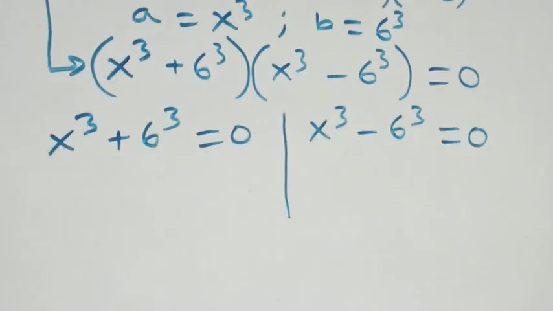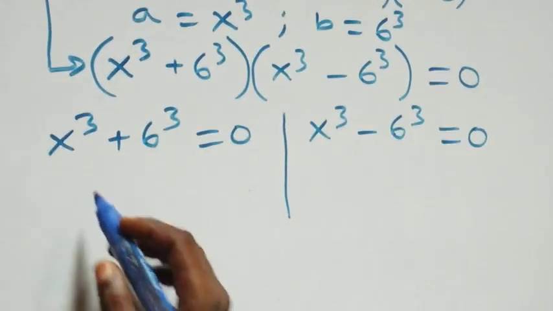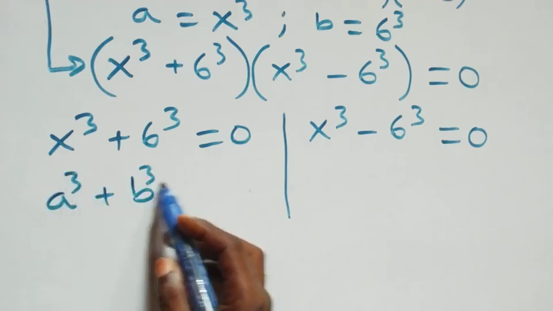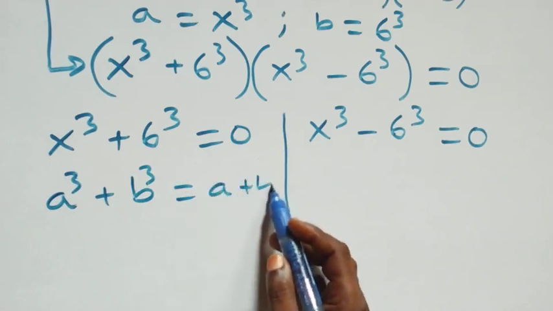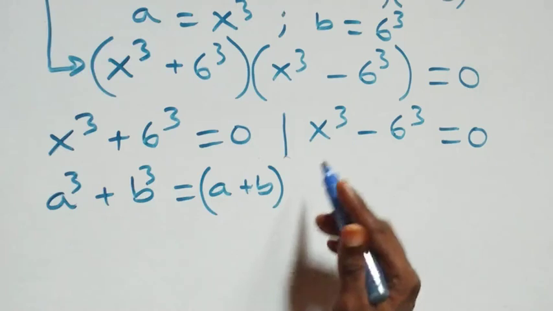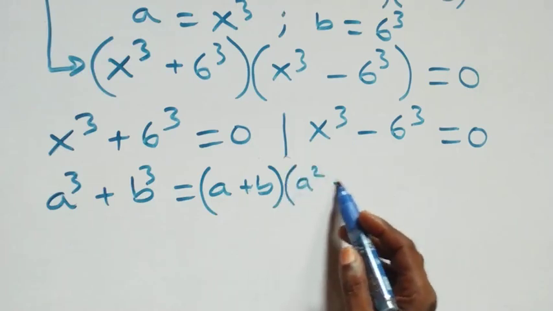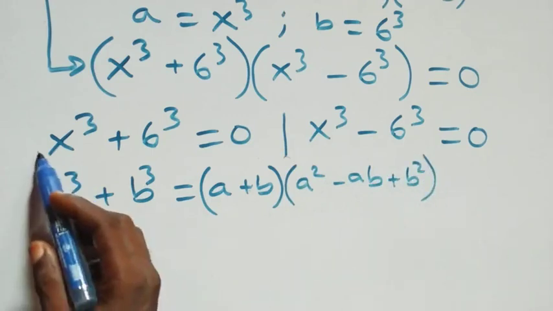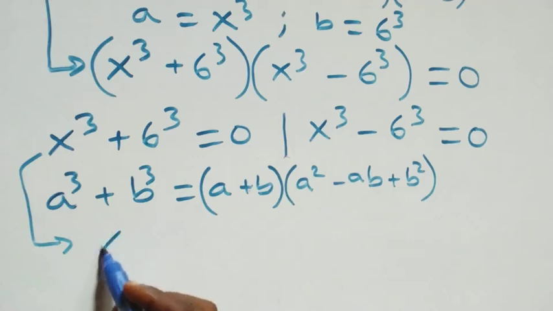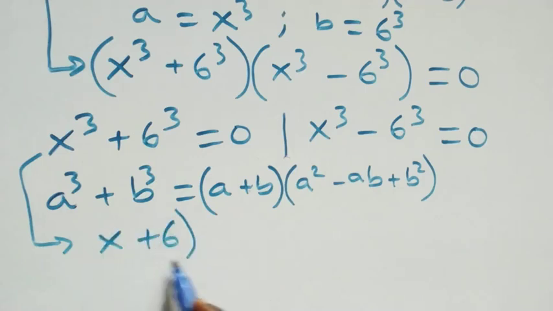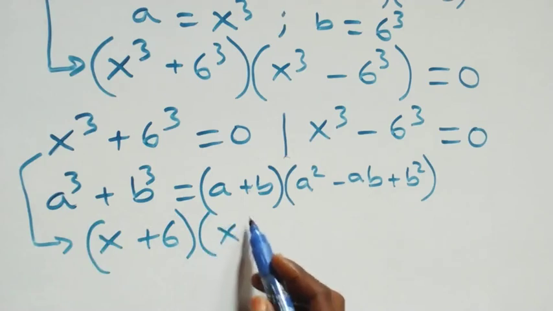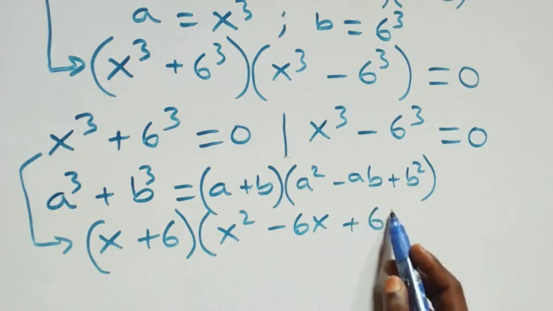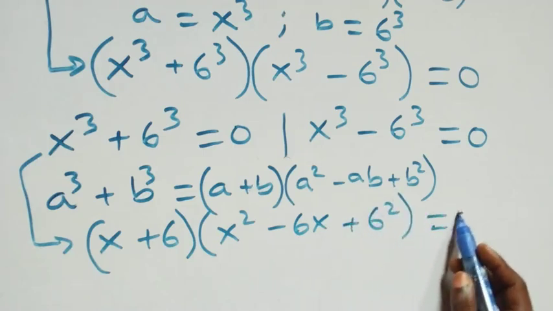In solving the first case, this follows when we have a cubed plus b cubed, which is the same thing as (a plus b) times (a squared minus ab plus b squared). So we can write it as (x plus 6) times (x squared minus x times 6, which is 6x, plus 6 squared) equals 0.